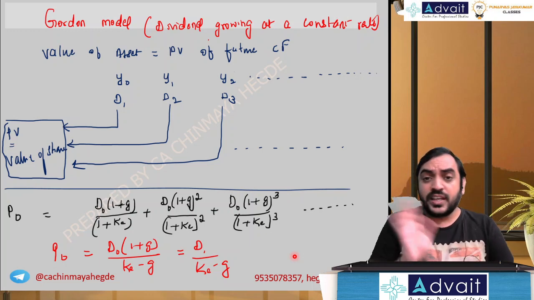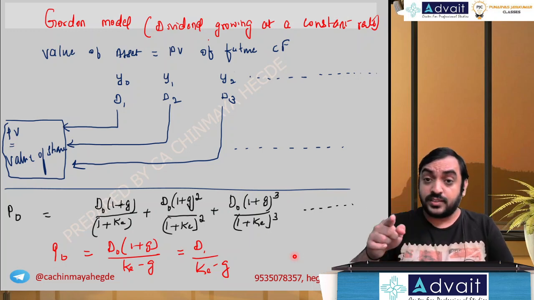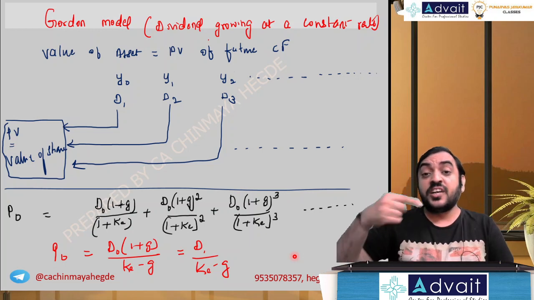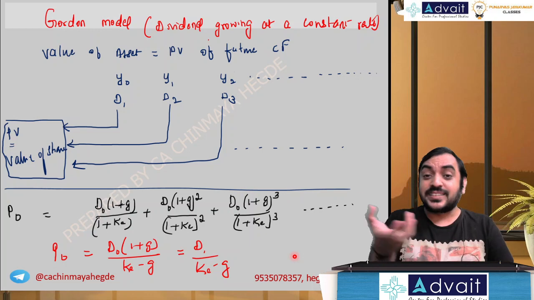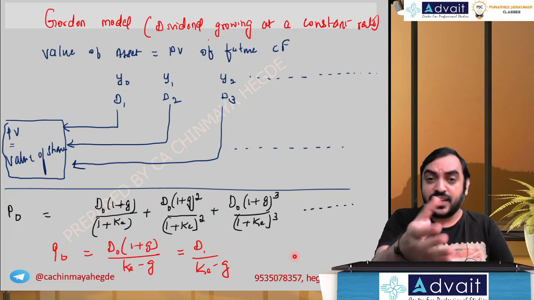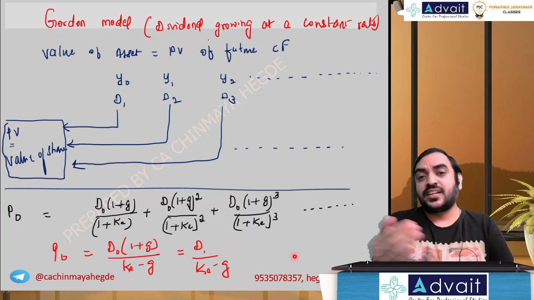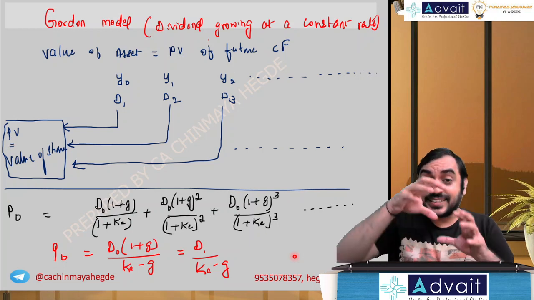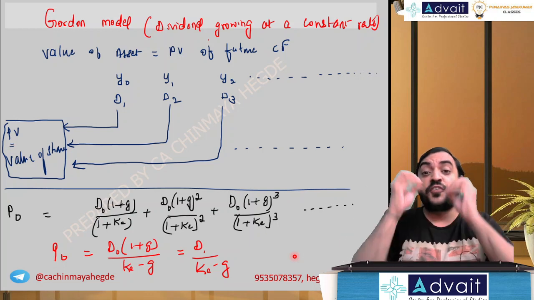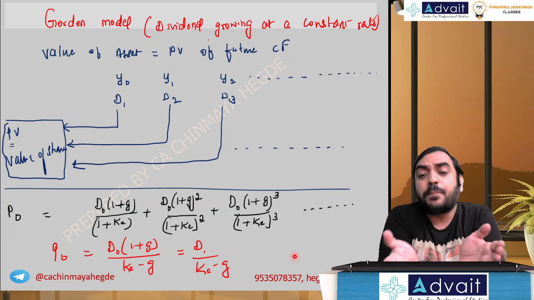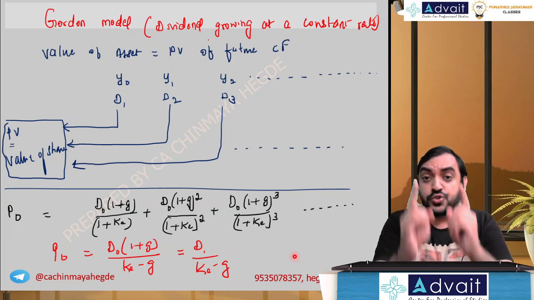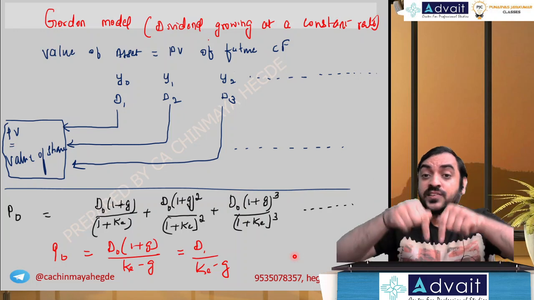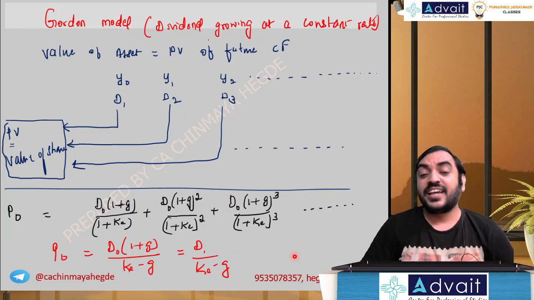I am not only considering D1, D2, D3, I am considering dividends forever. But when I simplify that mathematically, it looks like I am considering only the first year dividend, but it involves dividends forever. The formula appears to use a 1 year dividend, but after simplification, you should understand it involves dividends forever.